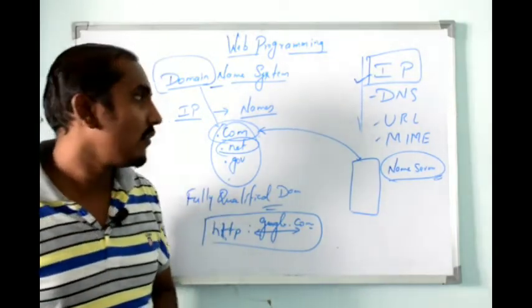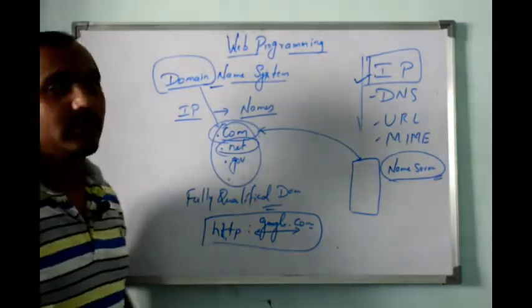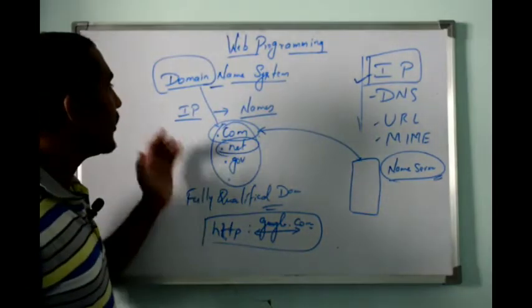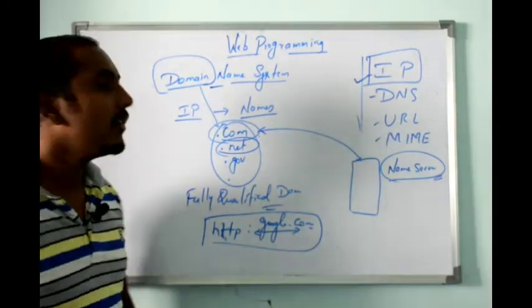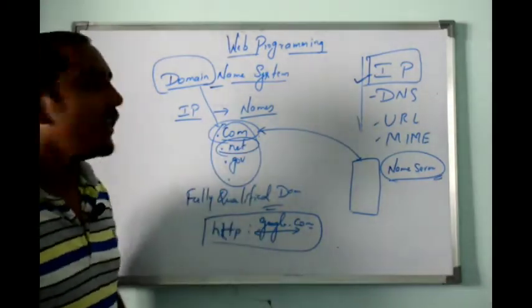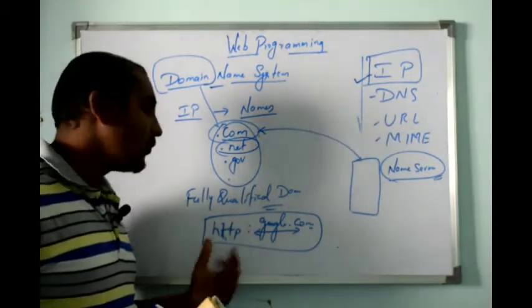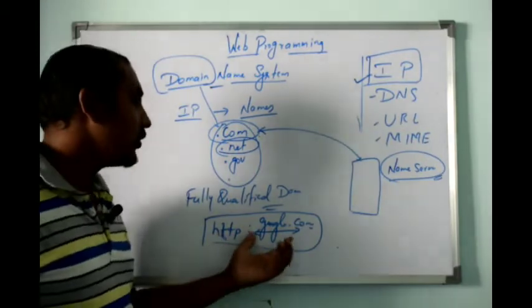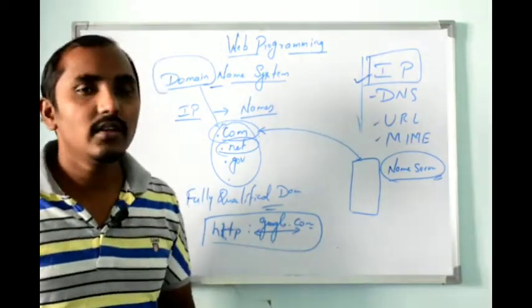To avoid that problem, we come across the concept of DNS, where each and every network, server or device is given a name in terms of domain names, which will contain fully qualified domain names, including all the details like the name of the website and the domain that you are using.